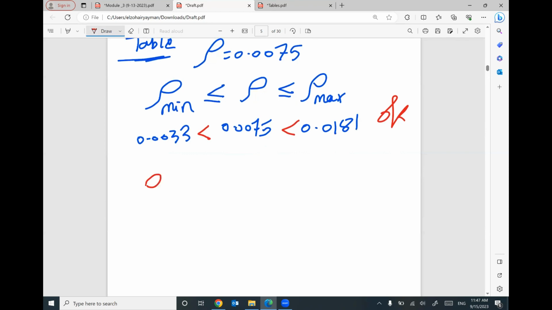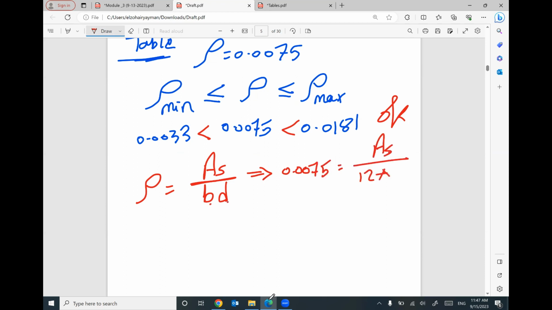So this rho equals the area of steel divided by B times depth. So 0.0075 equals the required area of steel divided by B, 12, times your depth, 20 inches. So I can figure out the required area of steel.